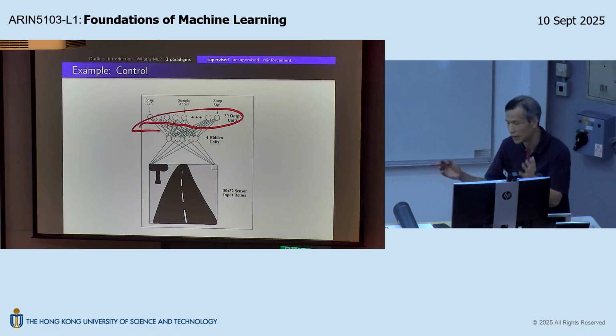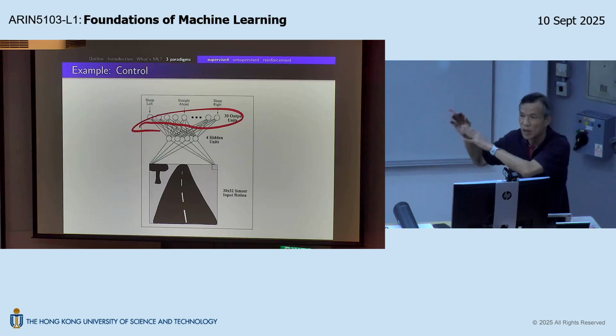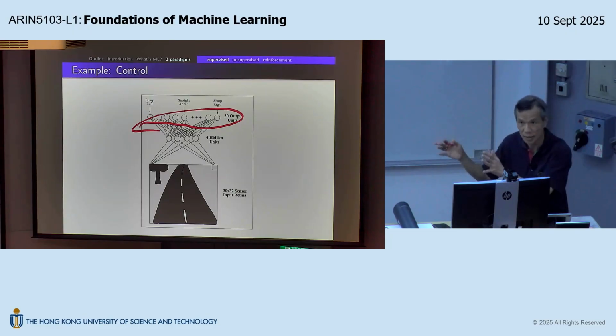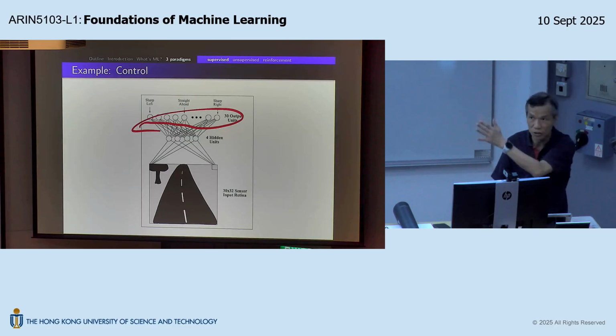Of course, in practice, you may also need to determine the driving speed, whether you want to brake or not. But anyway, the input is the image. Of course, this is a much simplified scenario. In practice, besides this camera, you also have lots more sensors. Suppose that you only have this camera, and so this is the input, and then the output is which direction you have to choose.